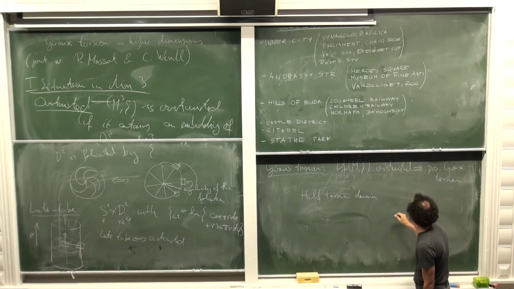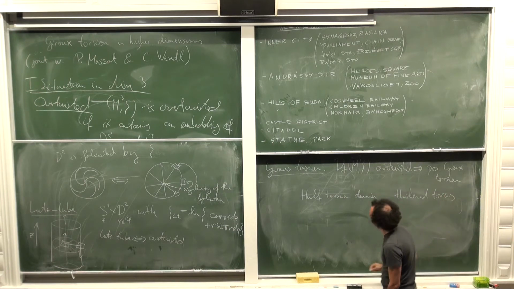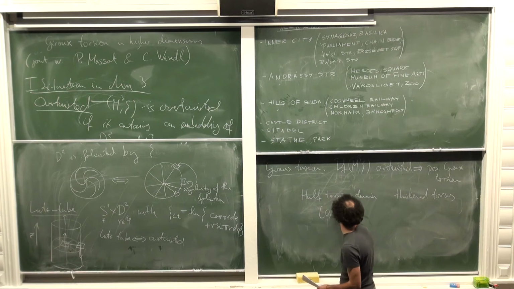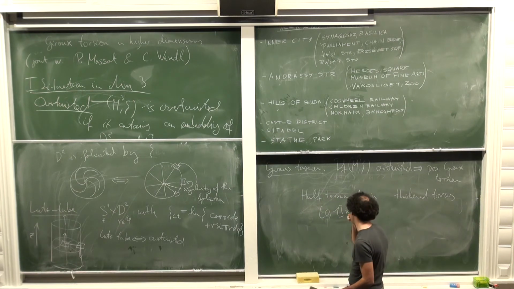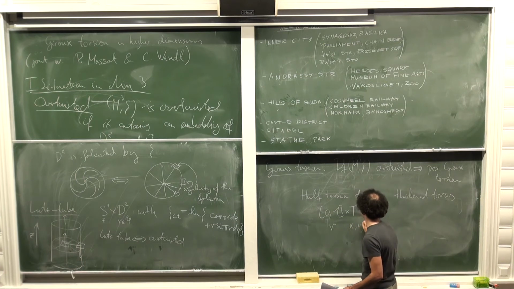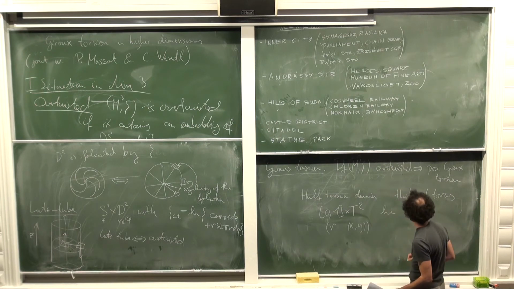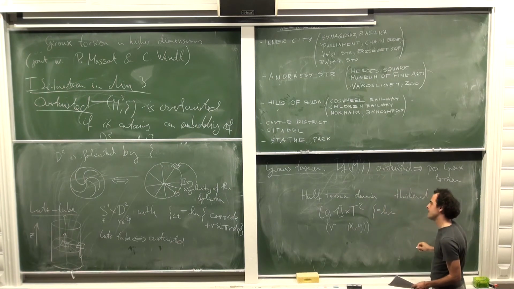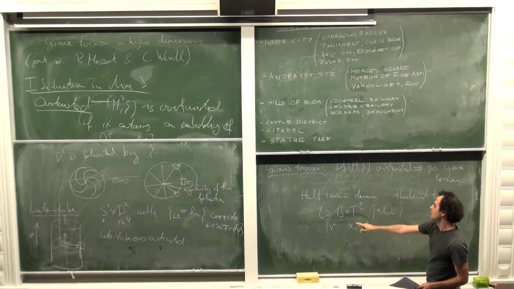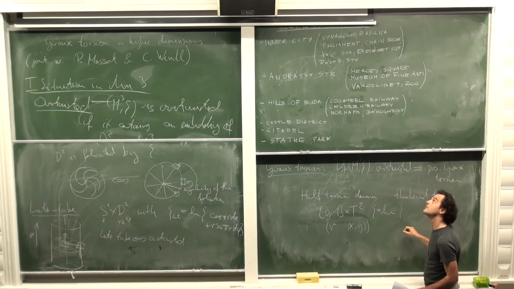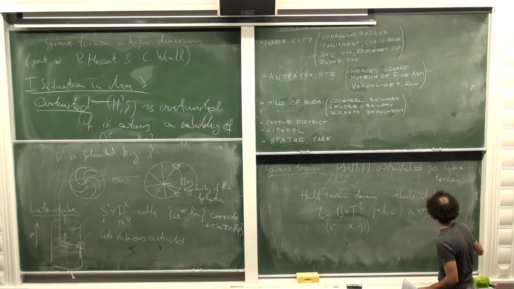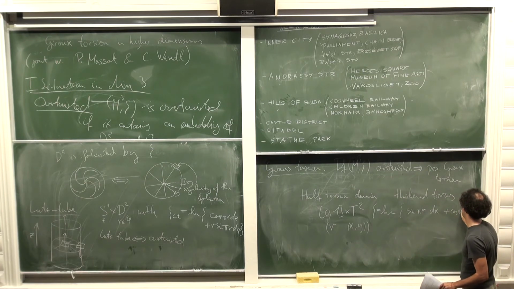A half torsion domain is a thickened torus, which looks like this. I take an interval [0,1] times T2 with coordinates r, x, and y. And the contact structure here, so xi is given by sine pi r dx plus cosine pi r dy.